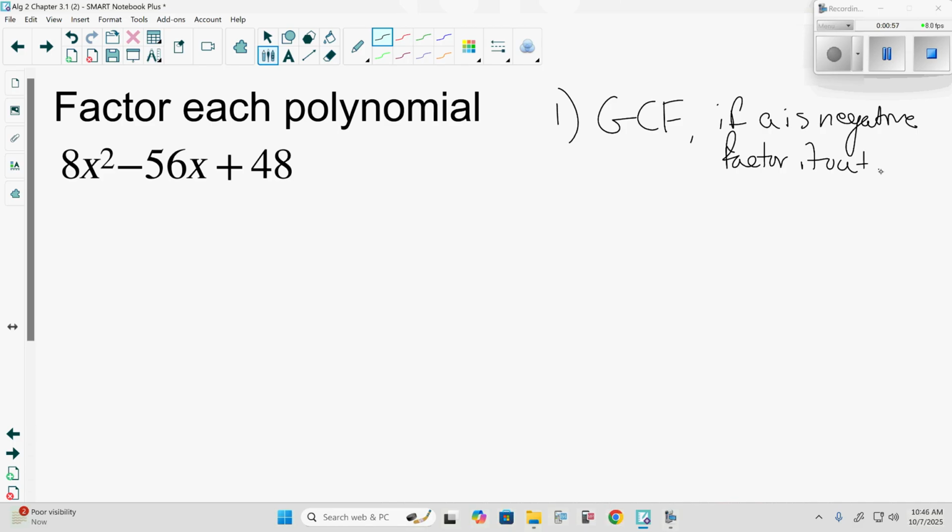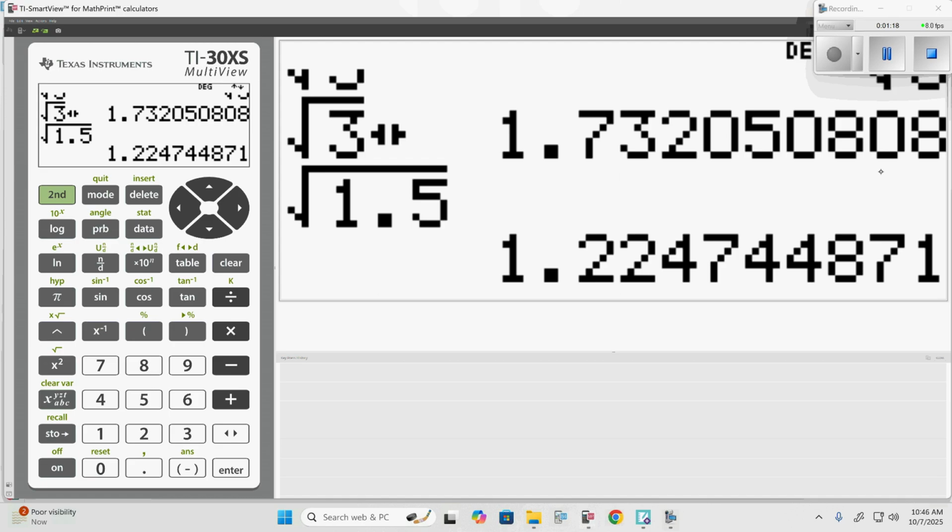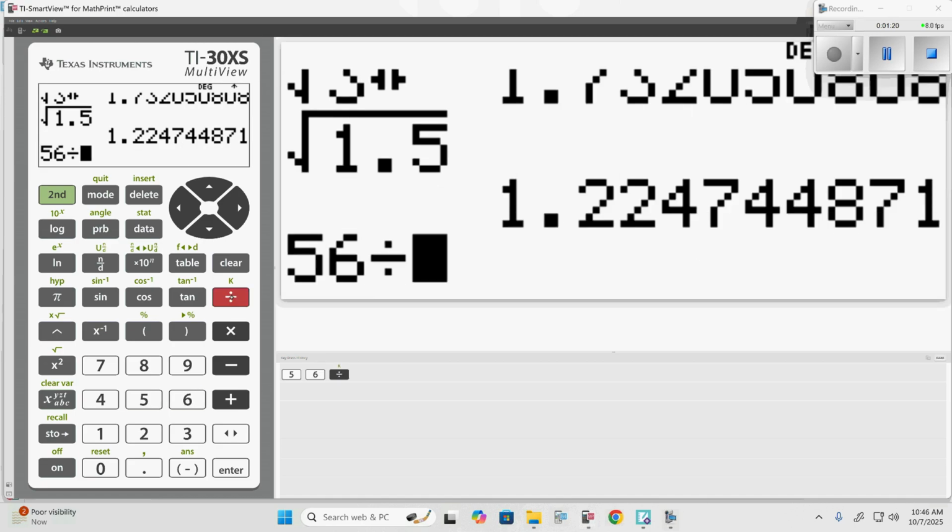Now, most likely there is, because 8, 56, and 48 are all even. So 2, at minimum, is a greatest common factor. So 8 would be the next nice choice. Give it a second, let the calculator pull up, because if 8 works, that means 56 and 48 both have to be divisible by 8. Because 56 divided by 8 is 7.